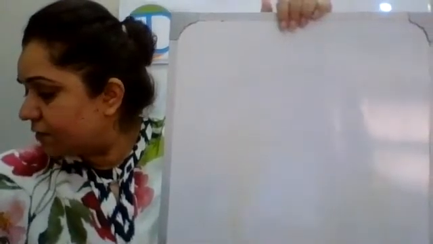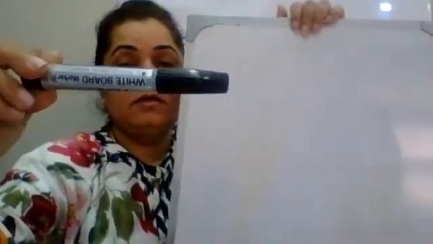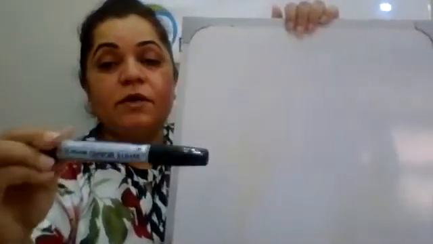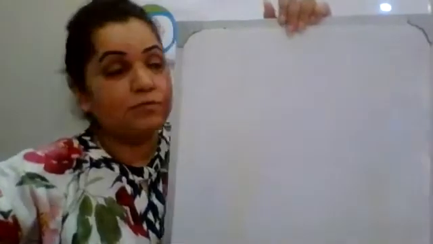Okay, now let's start. I will take my board and write over here with the help of my whiteboard marker. See, it is written whiteboard marker. Don't ever confuse it with the permanent marker, because on the other marker, it's written permanent marker.